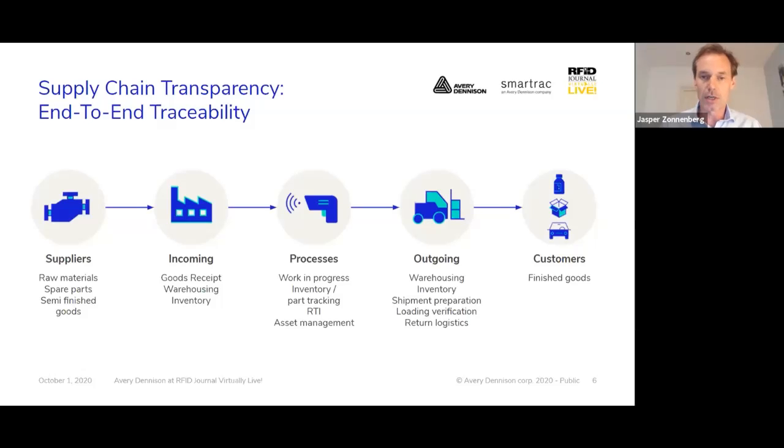It also gives you a much more improved productivity. It allows for better brand and counterfeiting protection, and also lower risk, for example, of theft and losses, and therefore overall an increased productivity, increased revenue, and also increased profitability.